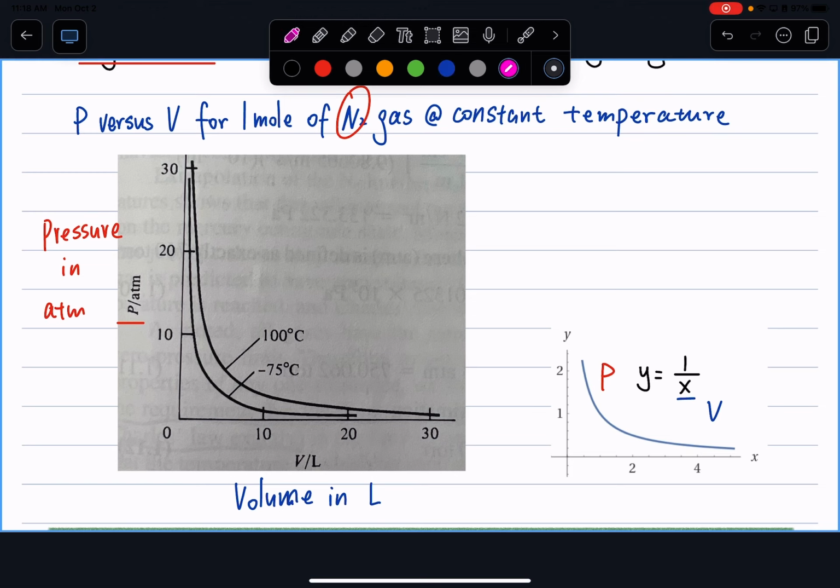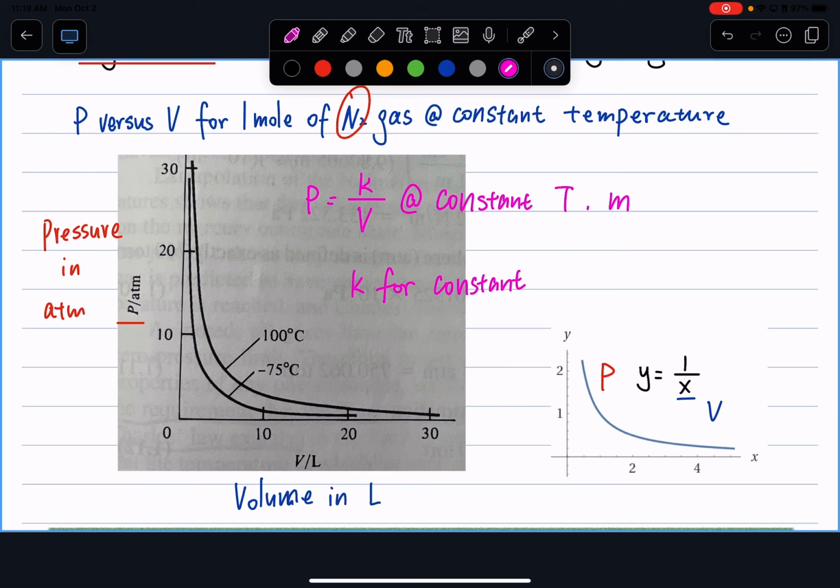Taken together, the relationship we get from Boyle's experiment is that the pressure equals some constant divided by volume, at constant temperature and constant mass of that gas. Typically we use the small letter k to stand for some constant.